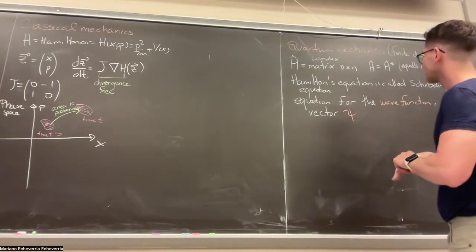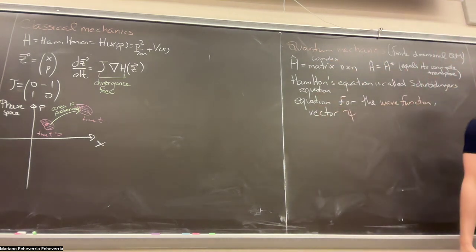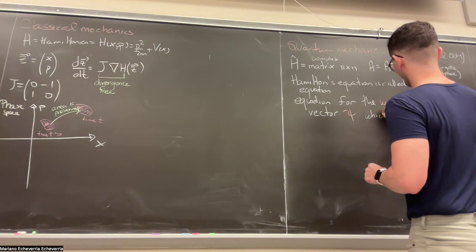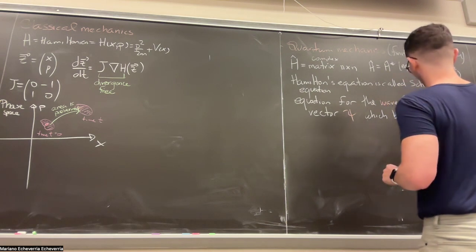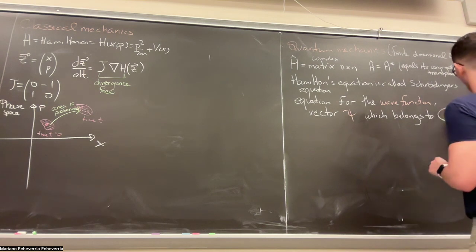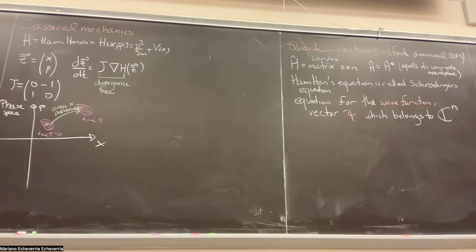So it's just a vector in a complex vector space, and because we're working in finite dimensions, it's just a vector in C to the n. So we're working in complex dimension n.